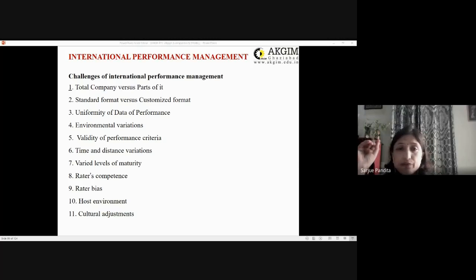An MNC consists of, we know, headquarters, subsidiaries, and various alliance companies, right? So the HR manager needs to use different types of appraisal techniques for each part, whether he is handling employees at headquarters, at subsidiaries, or at alliance companies.